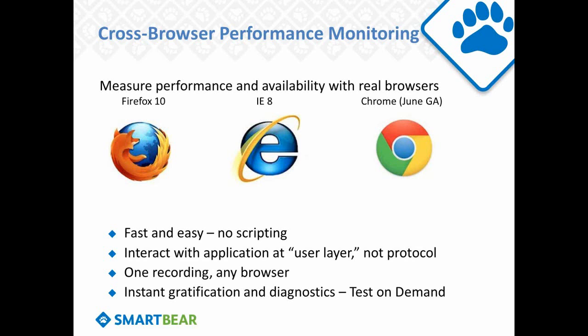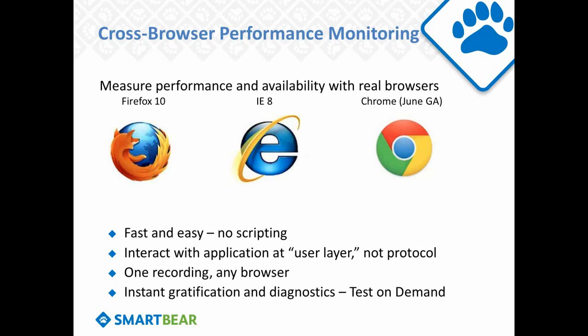Using real browsers means that setup is fast and easy, and virtually no scripting is required. Because we're using real browsers, we're interacting with the application at the user layer, which means that we're using form fields, clicking the buttons, and using the menus, so that we're actually testing that the functional aspects of the web application are working at each and every measurement.